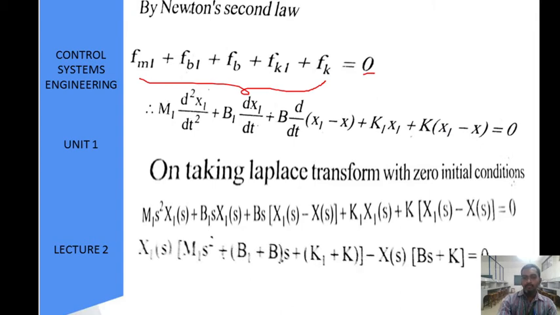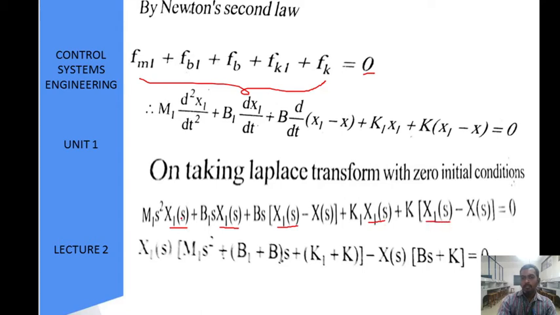Now taking X1(s) as common, here we have X1(s), it is also here, and it is also there.